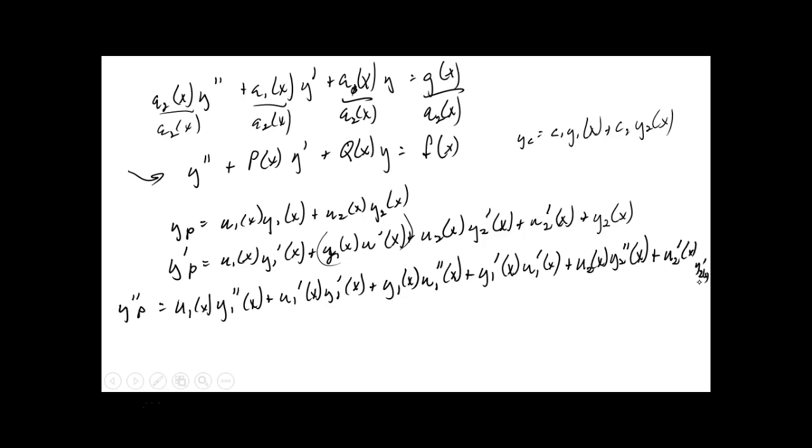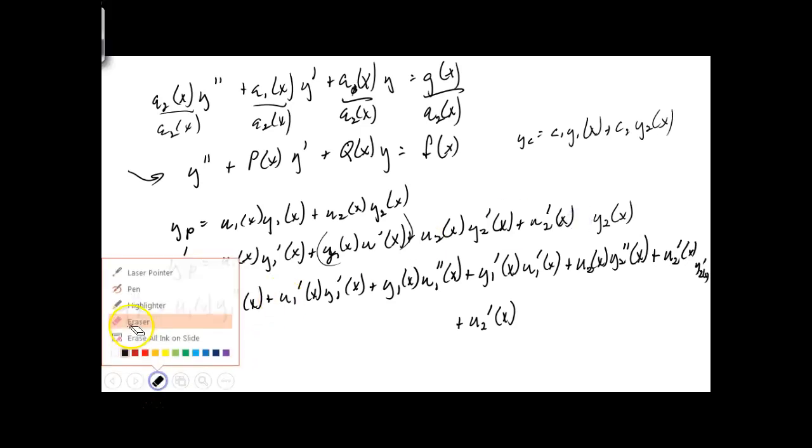Okay, running out of room rapidly. That's the third one. And the fourth one is u2 prime of x. Wait, I put a plus sign in there. That's a times.